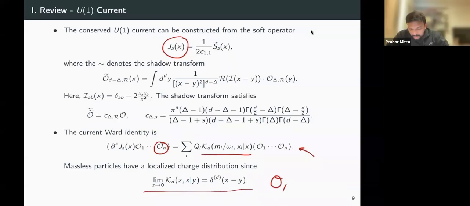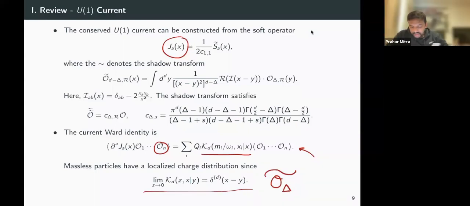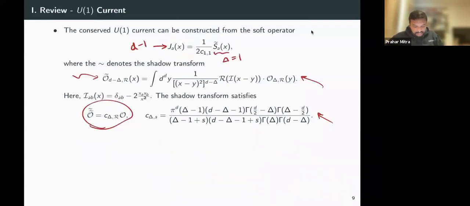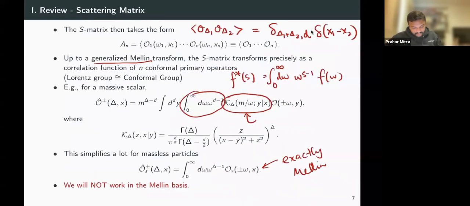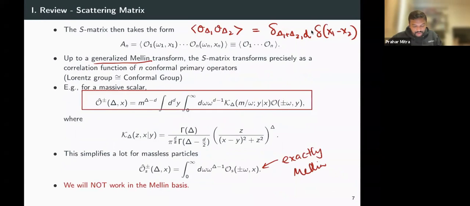So the operators with dimension delta: if I take a shadow transform of the operator with dimension delta, you get the operator with dimension D minus delta. This is not a trivial statement, by the way. I'm taking this Mellin transformed operator over here, and I'm doing a shadow transform on both sides.